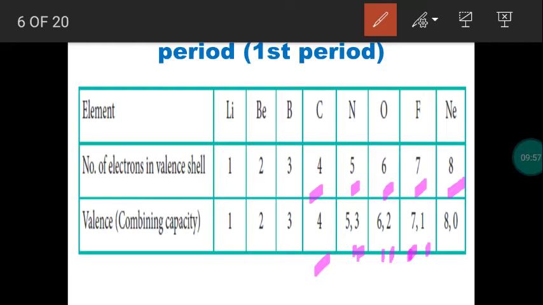So valence electrons 8 means valency 8, then 8 minus 8, 0 is the valency. That means stable. Mostly noble gases will not react with other elements. They are highly stable. Valency 0 means combining capacity 0. It won't combine with any other elements. Right? So this is a way of calculating valency.